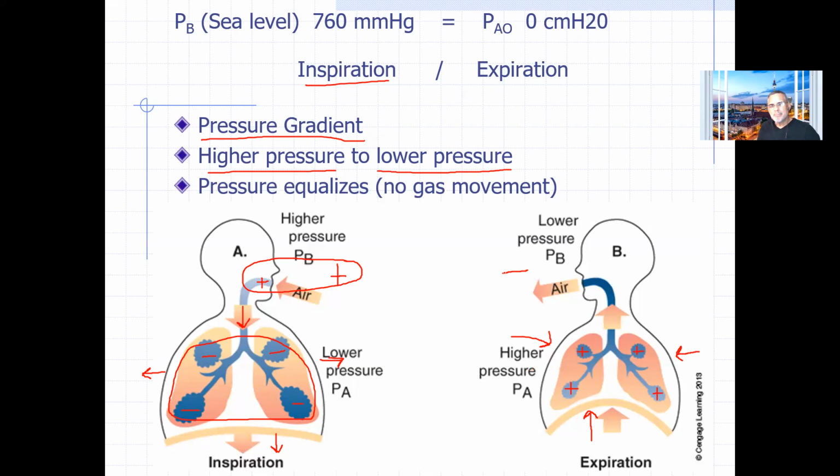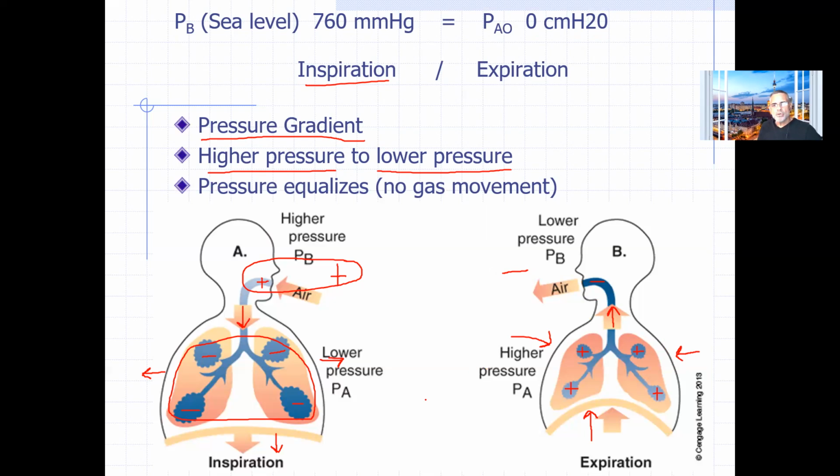So there is now a pressure gradient that's more positive in the lung than what is in the upper airway and outside. And so gas goes from a higher pressure to a lower pressure and moves out of the lung and into the ambient air, the airway, and then of course out.